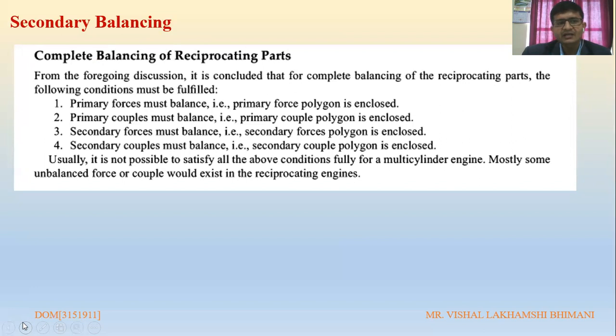Third, the secondary forces must balance, meaning the secondary force polygon is enclosed. Fourth, the secondary couples must balance, meaning the secondary couple polygon is enclosed. Usually it is not possible to satisfy all the above conditions fully for a multi-cylinder engine. Mostly some unbalanced force or couple would exist in reciprocating engines.